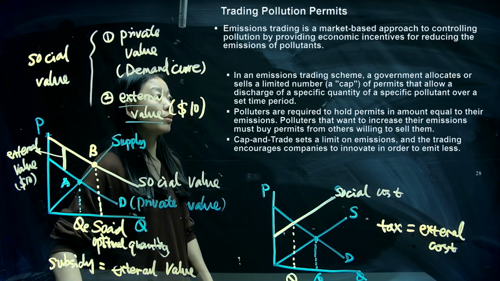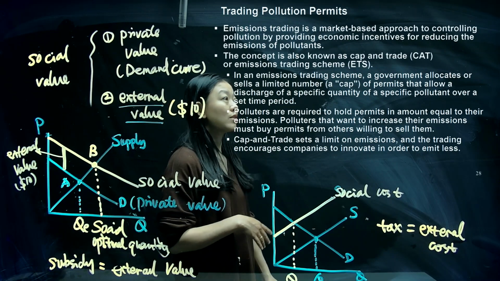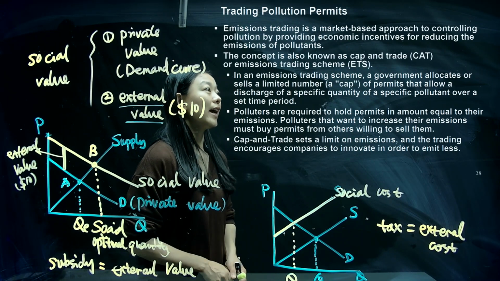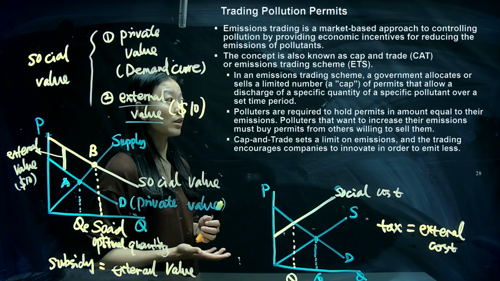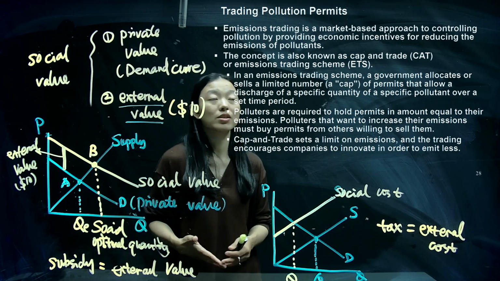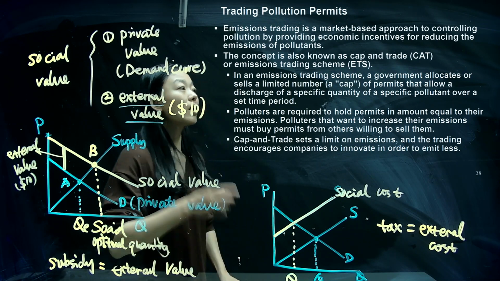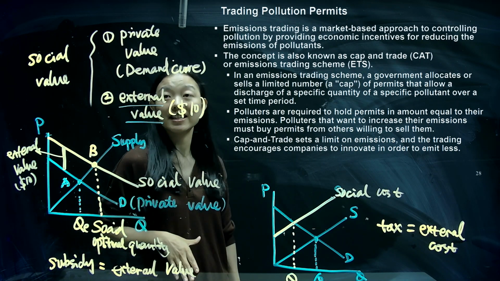And for tradable pollution permits, we know that emission trading is actually a market-based policy. They try to control pollution by providing economic incentives for reducing the emission of pollutants. The concept is also known as cap and trade or ETS.